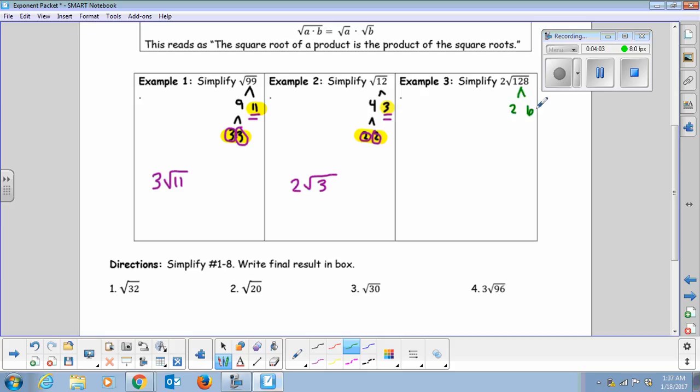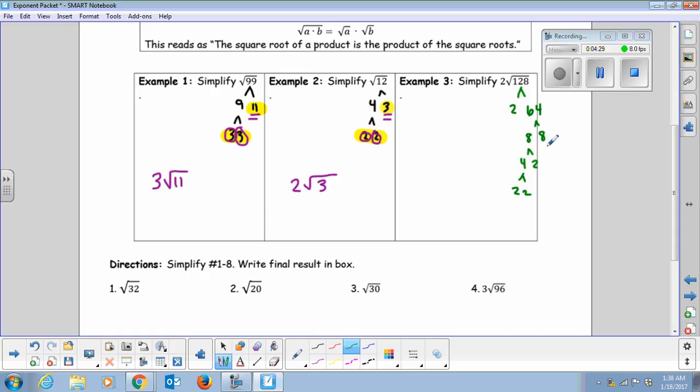So that is a 64. And then looking at 64, I know that that breaks up into 8 times 8. And then I know 8 is the same as 4 times 2. And then 4 is the same as 2 times 2.